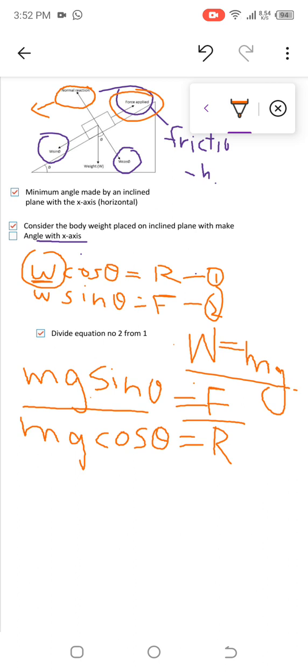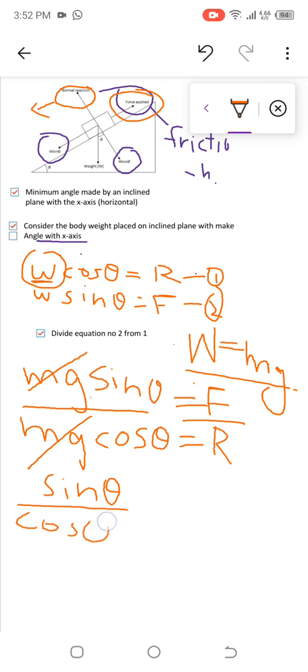Then we cancel mg and mg. After that, sin theta upon cos theta is equal to tan theta.